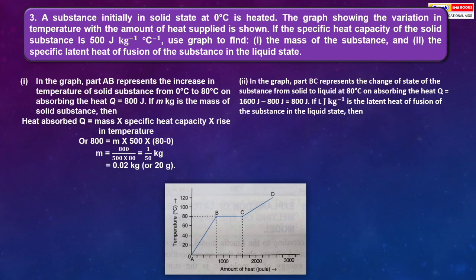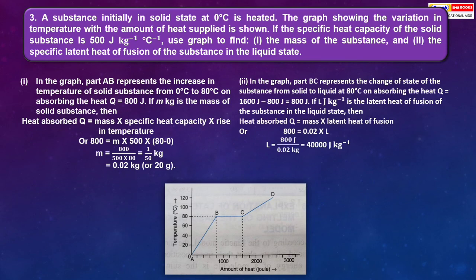If L joule per kg is the latent heat of fusion of the substance, then heat absorbed Q is equal to mass into latent heat of fusion, or 800 equals 0.02 into L. Thus, L here is 40,000 joule per kg.